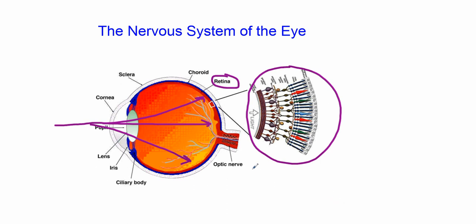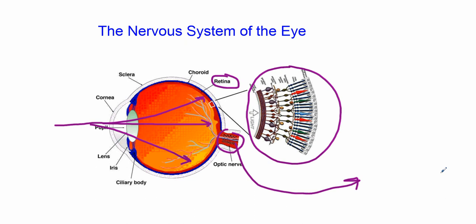Eventually it's going to go down the optic nerve, which will send it off to the visual center of the brain, which is in the back occipital lobe. So we're going to talk about what's going on with all these nerves that capture light and convert it into an electrical signal.